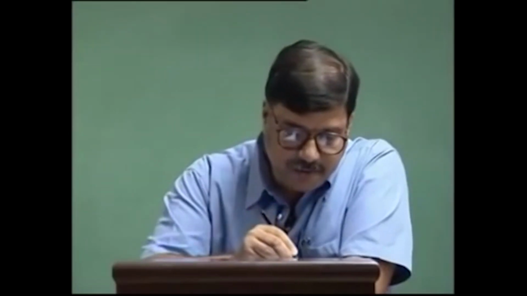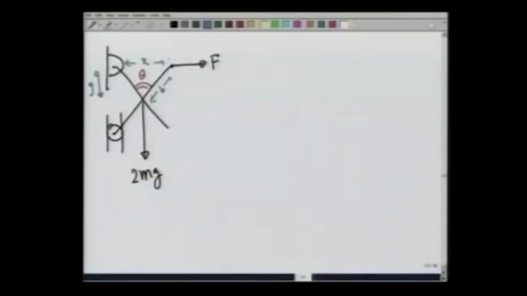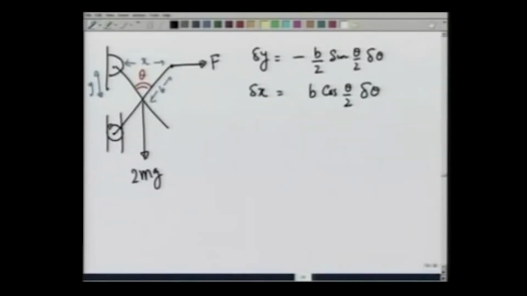Let me make the picture again schematically, and we have calculated that delta y is nothing but minus b over 2 sine theta by 2 delta theta, and delta x is equal to b cosine of theta by 2 delta theta. By minus sign we mean that y is decreasing or the point here is moving up.